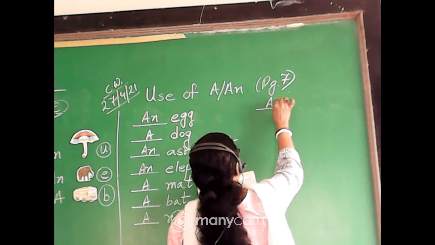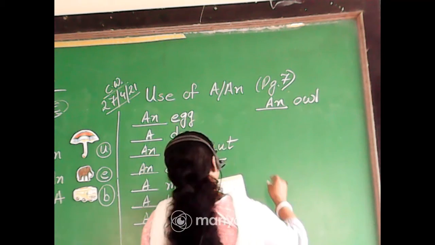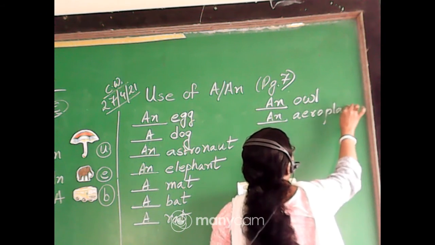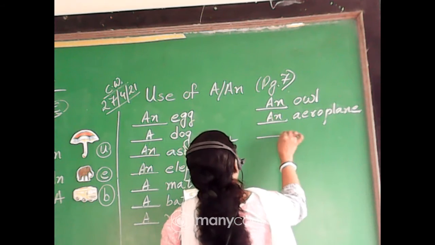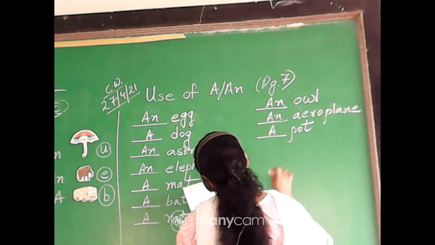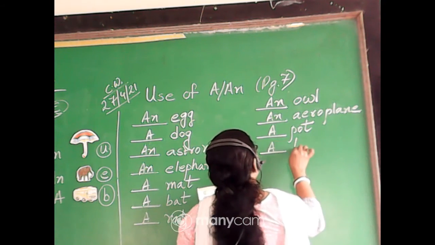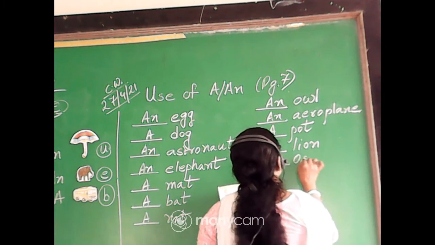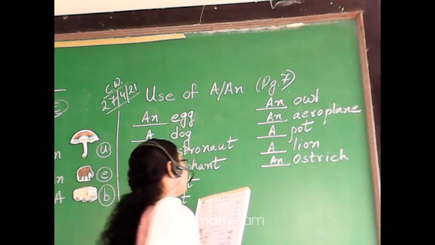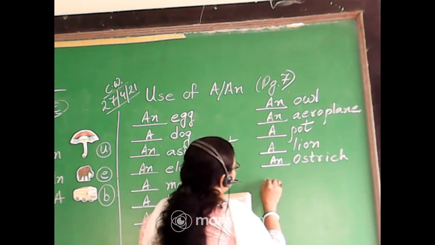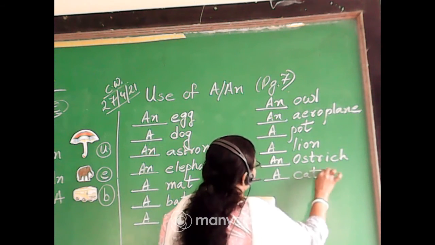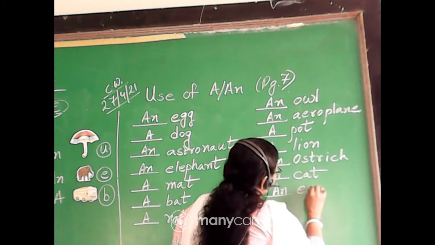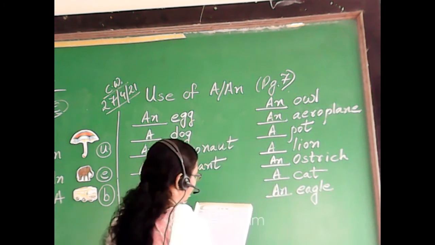There's an owl, an aeroplane, a pot, a lion, an ostrich, a cat, an eagle, a fan.